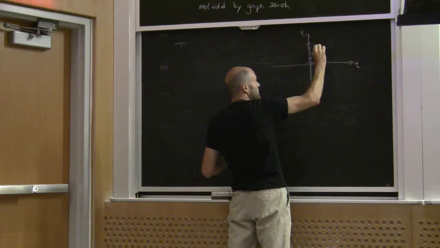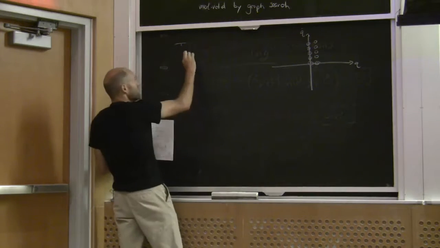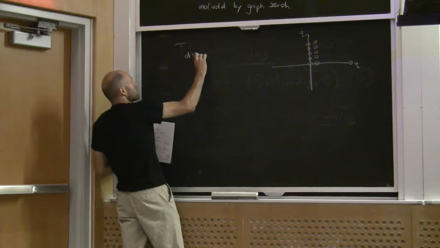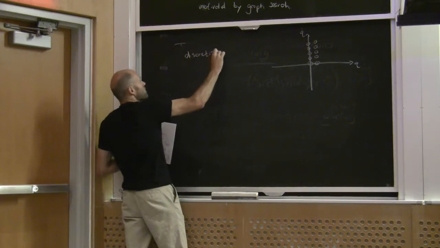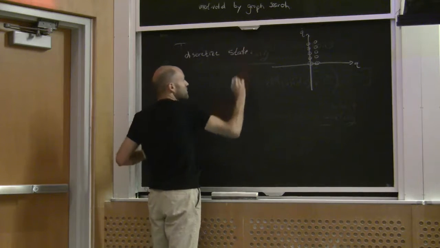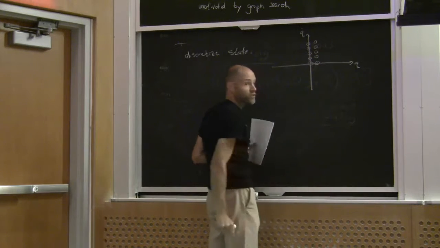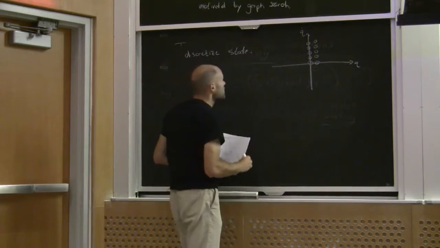We'll approximate the dynamics as, we discretized state by turning this continuous state space into a handful of discrete nodes in a graph.